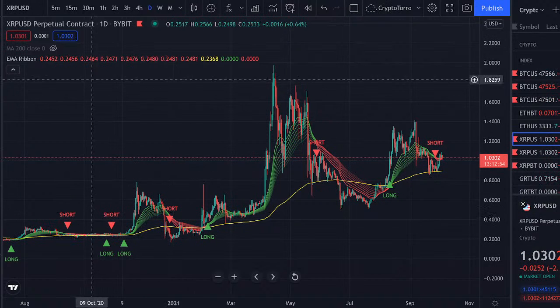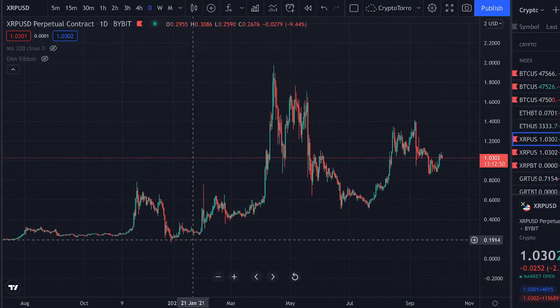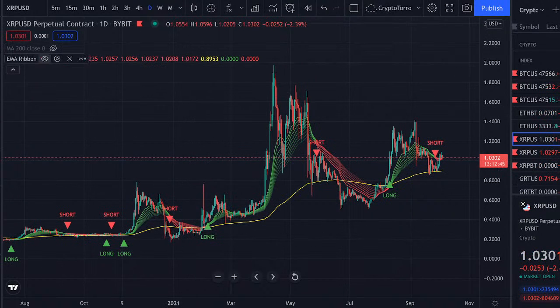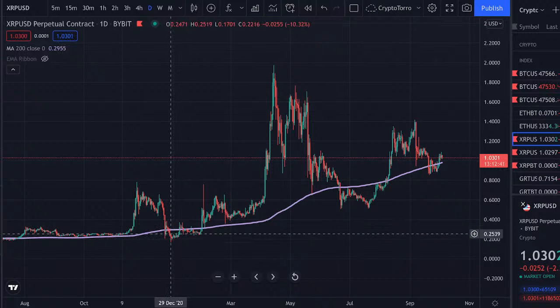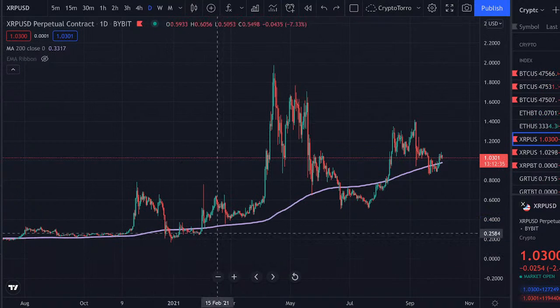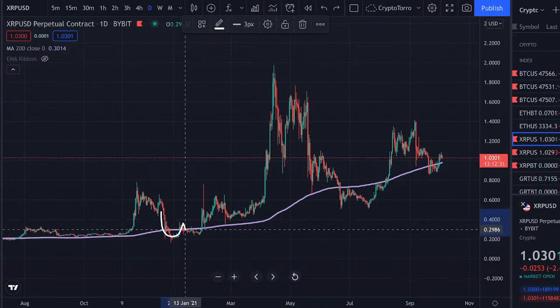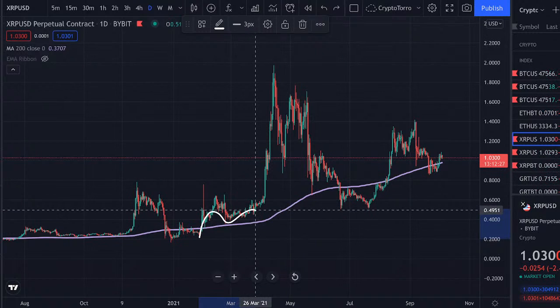If we take a look at just this year, you can clearly see that in January 2021, we were trading underneath the 200-day moving average. That is this point in time over here. Afterwards, we were able to see a W structure getting created, and we saw a breakout above the 200-day moving average on the daily time frame.